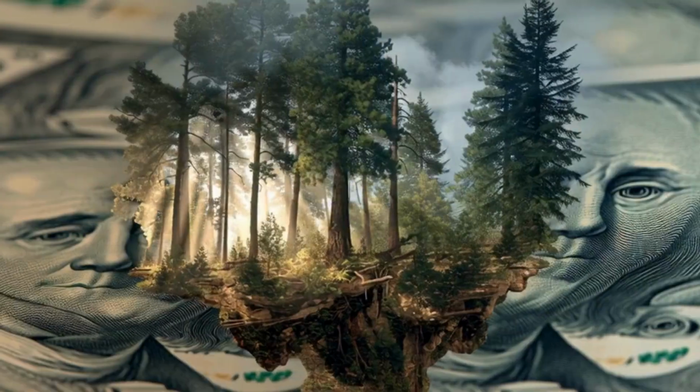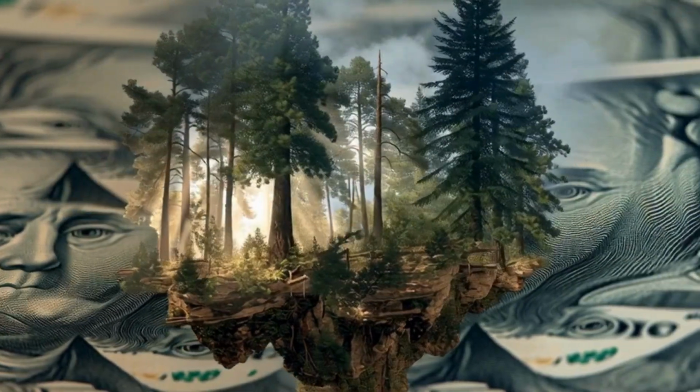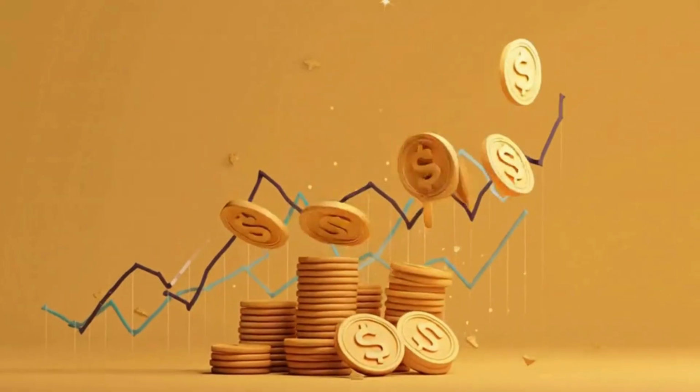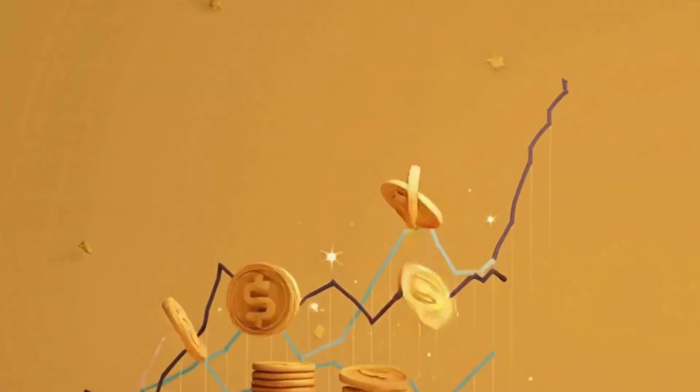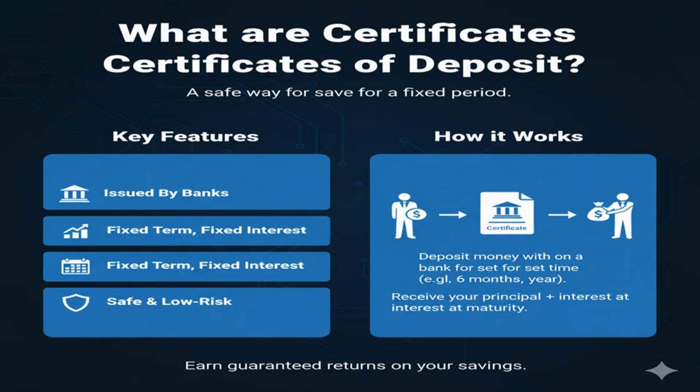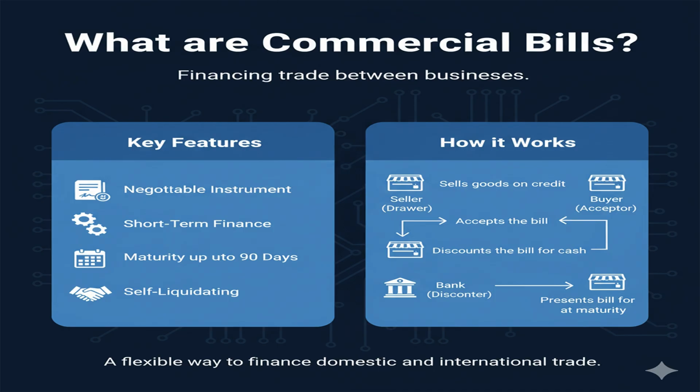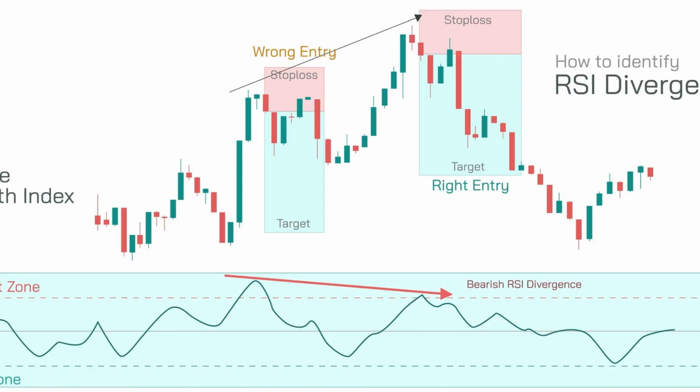Commercial paper, unsecured promissory note issued by large companies. Call money, short-term loans between banks for 1 day to 14 days. Certificates of deposit, issued by banks to raise large sums of money. Commercial bills, bills drawn by one trader on another to finance trade transactions. The money market helps maintain liquidity and short-term financial stability.